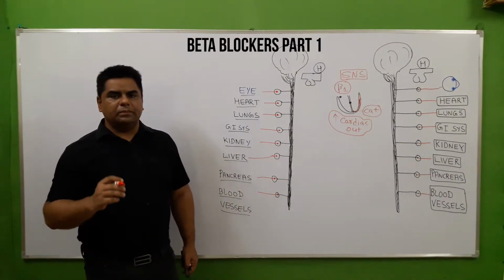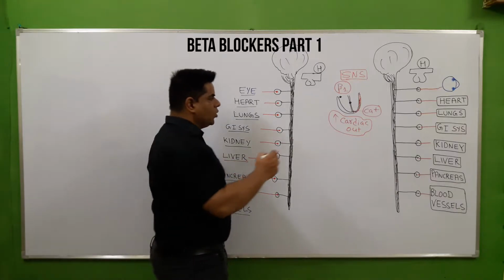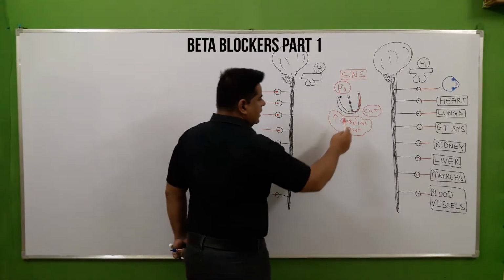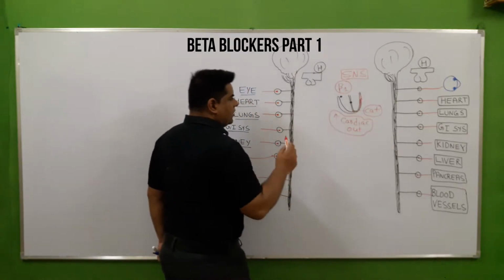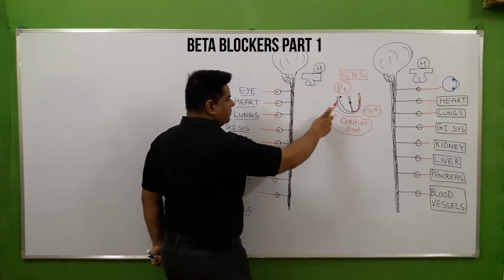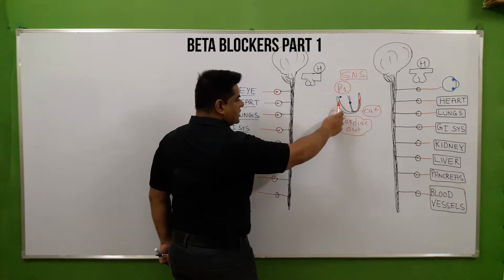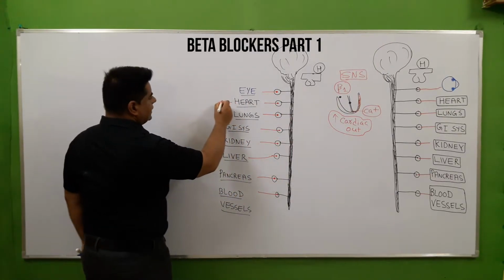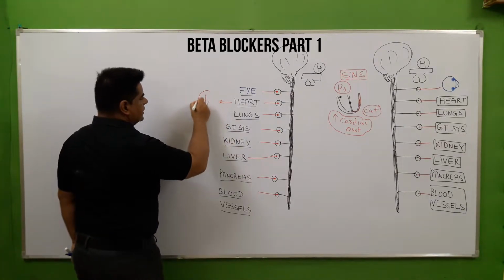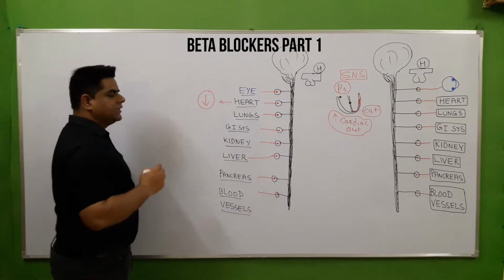What if we block this SA node, AV node conduction system, and the loading of calcium ions in the myocardium layer? If we administer beta 1 blockers, these drugs will block the cardiac activity, and obviously the cardiac activity will decrease.